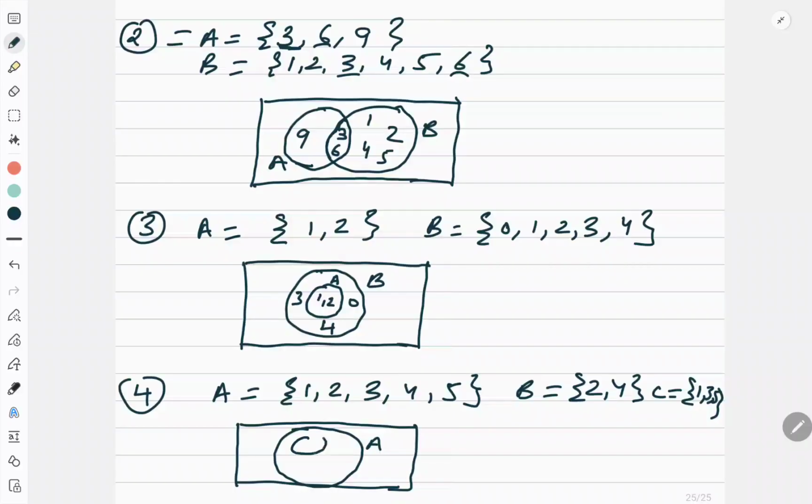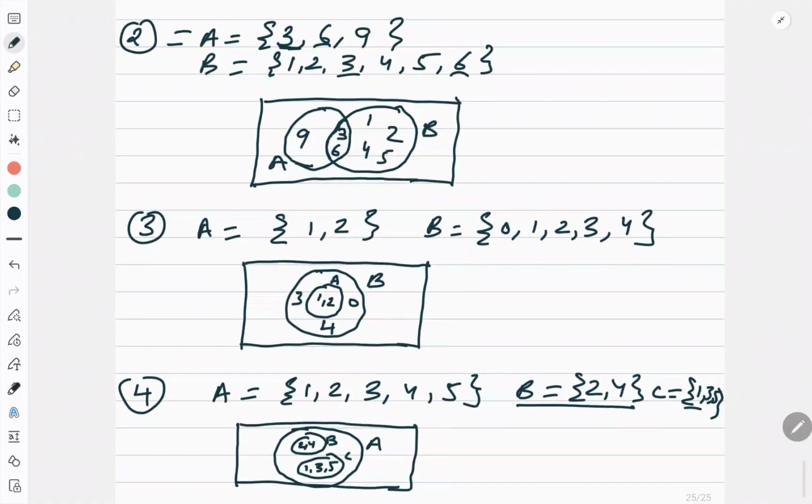Then there is another set which is totally inside A, which is B. It has 2 and 4. There is another small set with 1, 3 and 5. This is the set C. So this is the situation I have expressed. Right? So this is how we can represent everything in the Venn diagram.